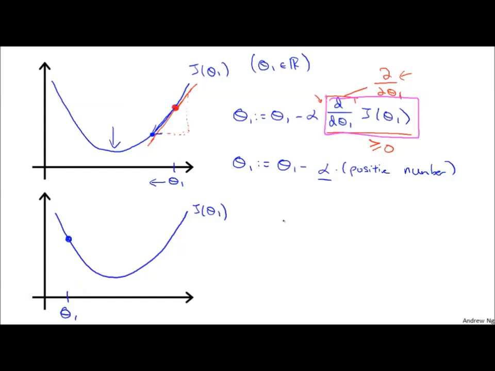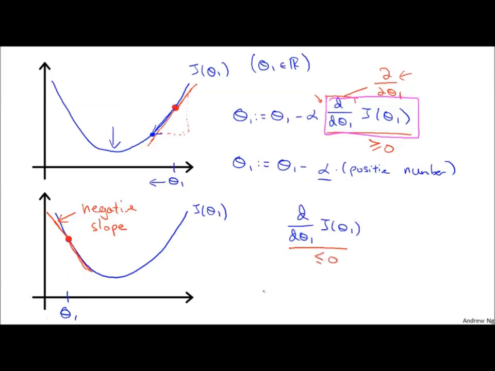Now my derivative term, d/d theta 1 of J of theta 1, when evaluated at this point, is the slope of this line. But this line is slanting down, so this line has negative slope. Alternatively, I say that this function has negative derivative, which just means negative slope at that point. So this is less than or equal to 0.